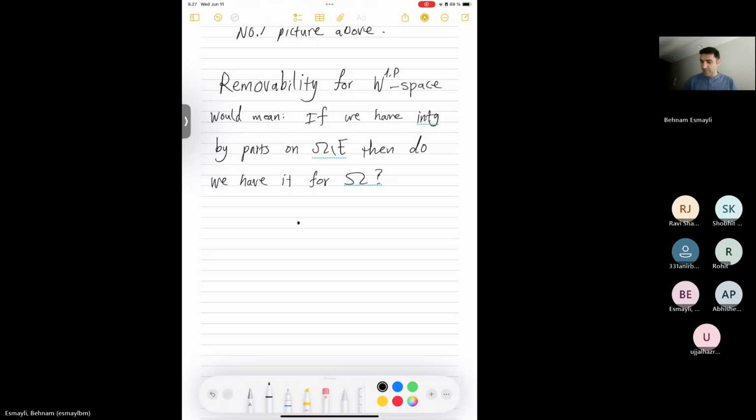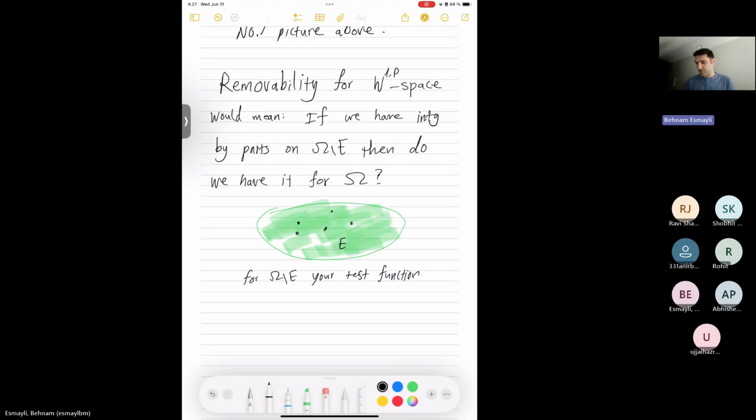When you have this set E and you take a function on omega minus E. So when you say integration by parts for omega minus E, for weak differentiability, you check integration by parts against test functions that are compactly supported on omega minus E, which means in particular that they vanish.